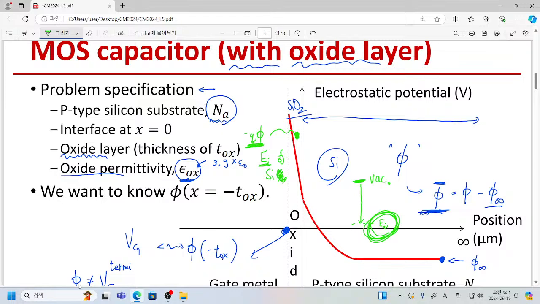When you first hear about this, maybe you feel a little bit confused. Why? Because this is just silicon dioxide. Why don't you just use the intrinsic Fermi level of silicon dioxide? Also, if we have different materials, maybe we can just follow the material composition. Then that would be quite easy to follow.